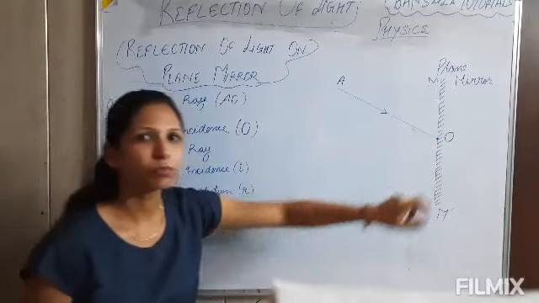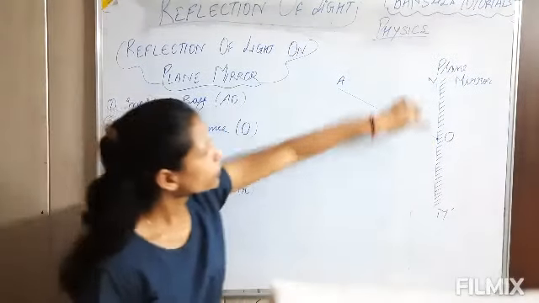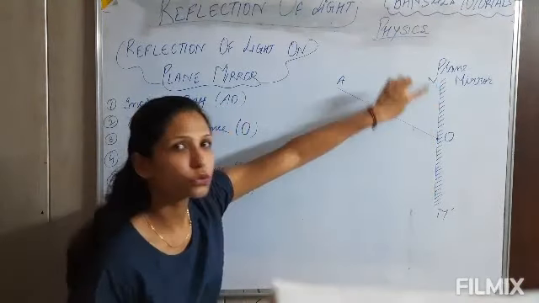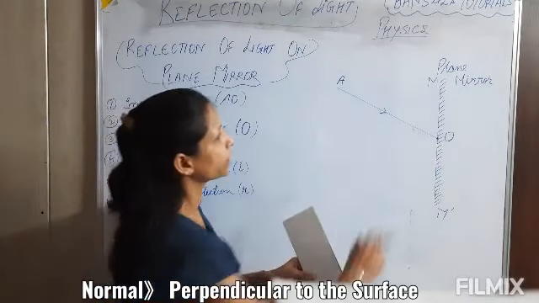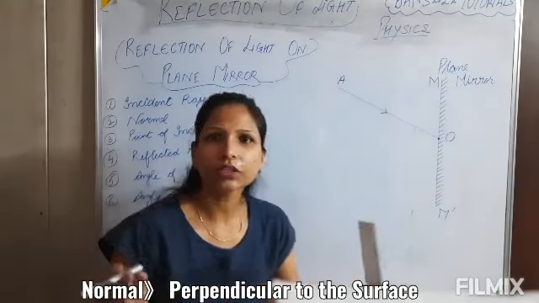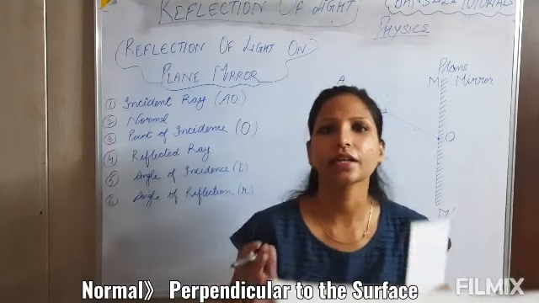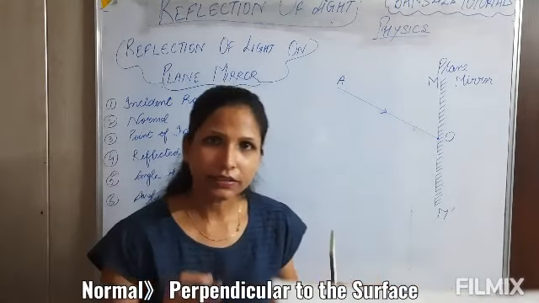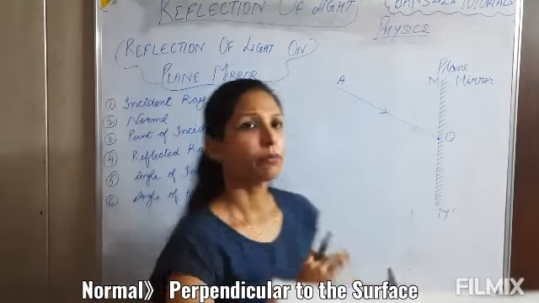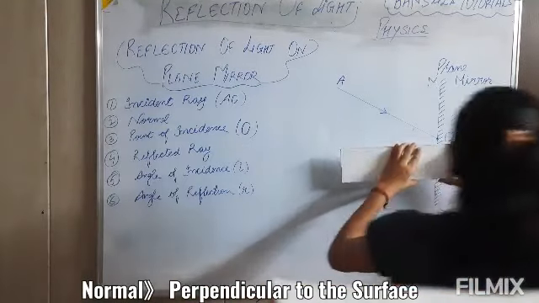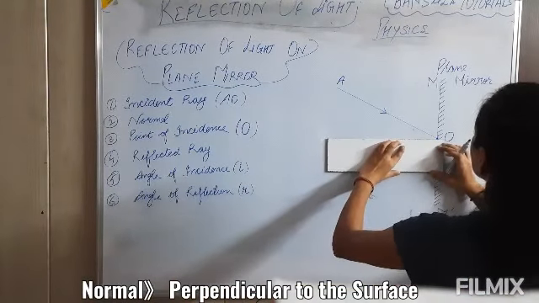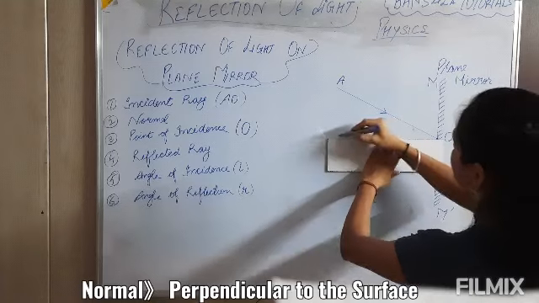Now at this point of incidence, if we draw a perpendicular to the plane mirror, what is a perpendicular? A perpendicular is any line that makes a 90-degree angle with another line. So I will draw a perpendicular on the plane mirror at the point of incidence.